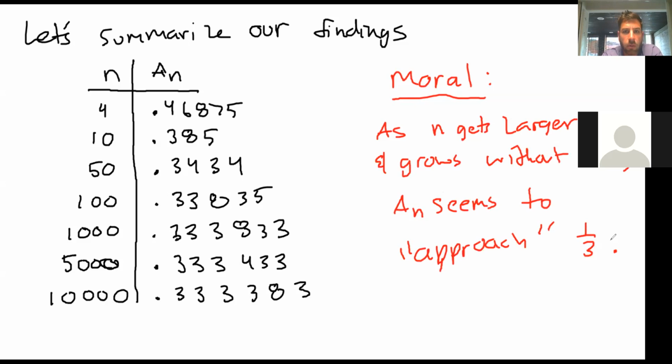I don't think you would argue with me that that's what we're seeing there. Why do I say one-third? Well, you guys will recall that one-third is .3333 and goes on forever and ever and ever.